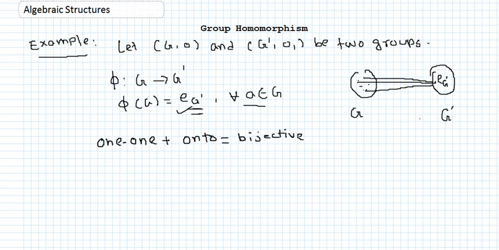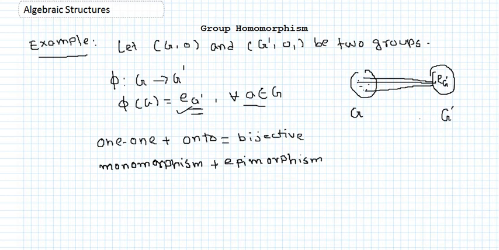So for one to one we get monomorphism, plus epimorphism, together equals isomorphism.